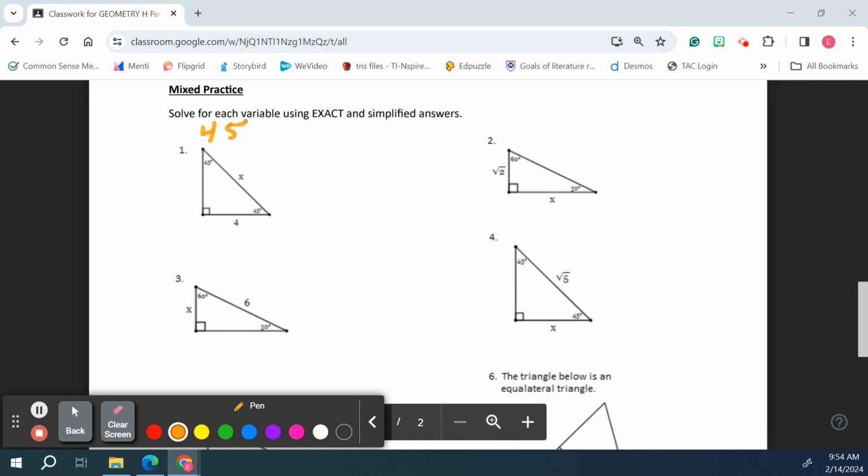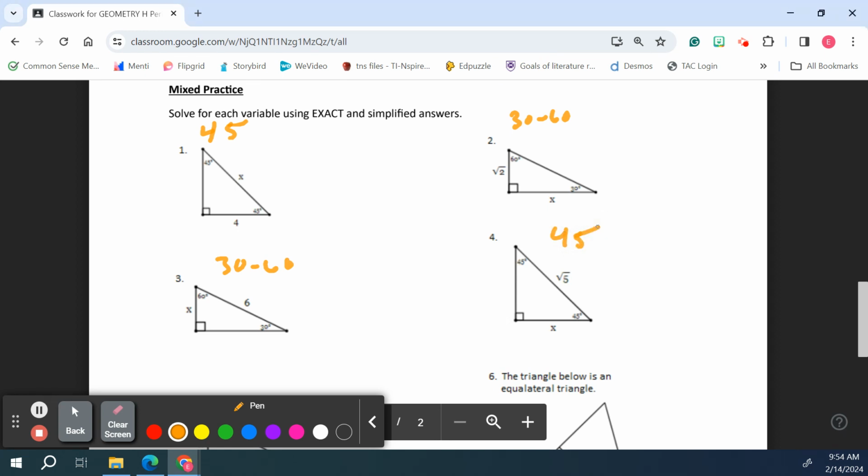Number 2, Cass? The rule for number 2, what's it going to be? Oh, it's the 30, 60, 90. Very good. 3, Anavi? Good. 4, Lucy? 45.